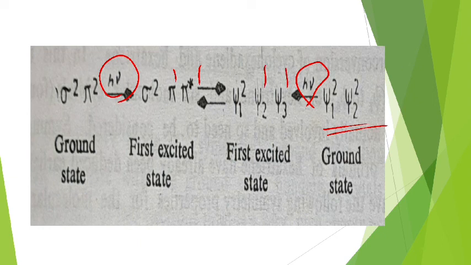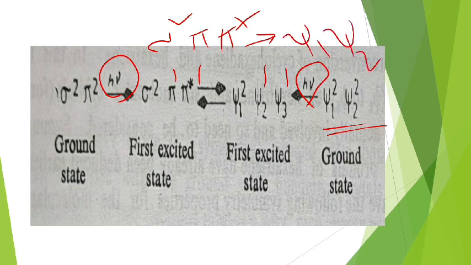So here sigma 2 pi 1 pi star 1 correlates with the psi1 psi2 psi3 of butadiene. So the first excited state of cyclobutene orbitals correlates with the first excited state orbitals of butadiene.